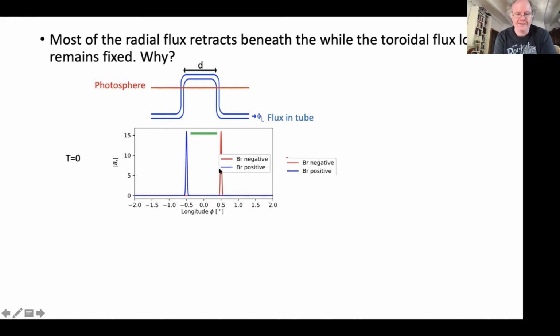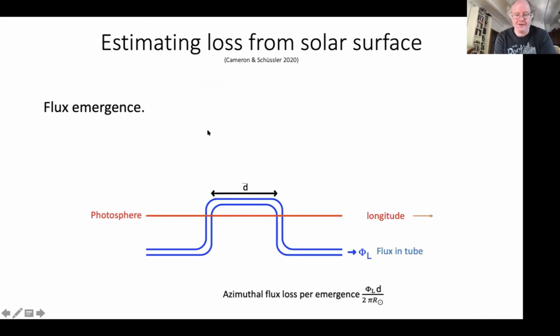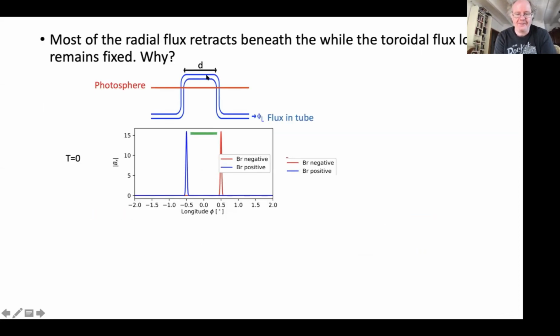In red, we have negative flux going back into the sun, and because of the solenoidality of the field, the flux in this segment will be equal to the flux which is coming up, which is equal to the flux going back down again.